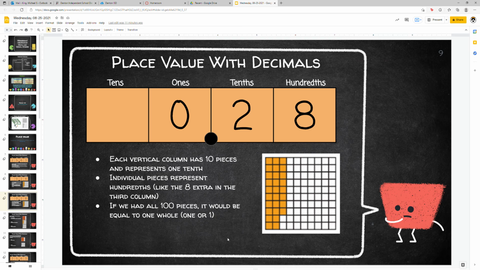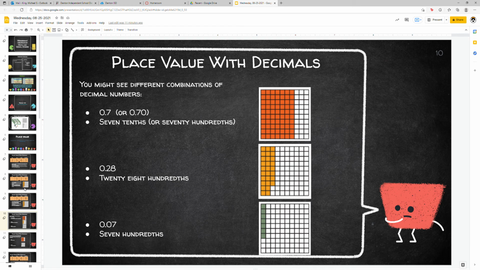So individual pieces, again, represent hundredths, like the 8 extra pieces in that third column. If we had all 100 pieces together, it would just be 1, right? There wouldn't be a decimal. If we had all 100 pieces, it would be a whole number. We'd have 1. Here's a couple different examples. You might see different combinations of decimal numbers.